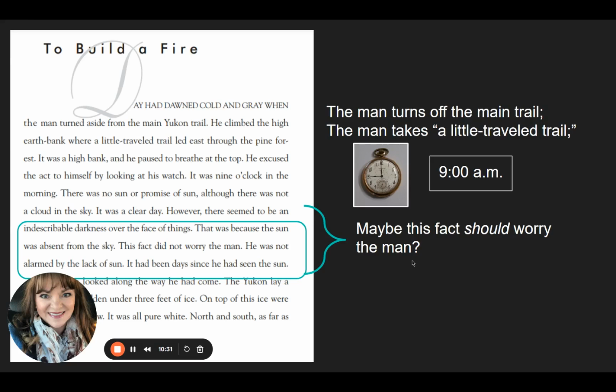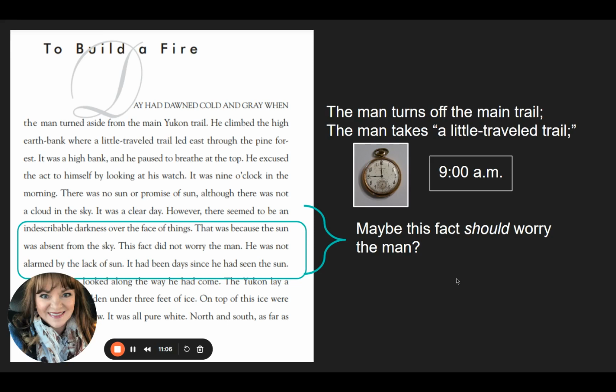And it's no accident that Jack London wrote, "Day had dawned cold and gray when the man turned aside from the main Yukon Trail." Already alarm bells are going off in my head as a reader. He takes a little traveled trail. Why? Why does he feel that confident in himself that he doesn't take the main trail? It's very telling already about who this guy is in terms of his behaviors.